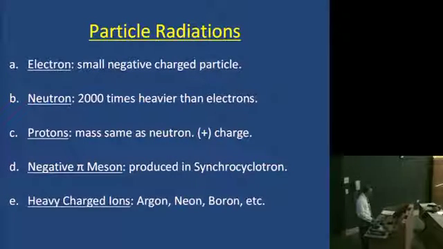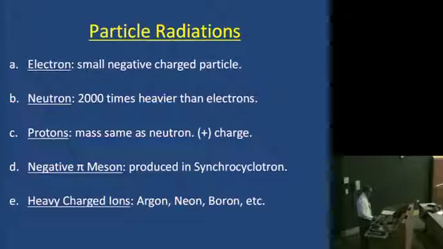In particle radiation, the most commonly used particles are electrons. These are small, negatively charged particles that have a finite range and can deposit a large amount of energy when traveling through the tissues.